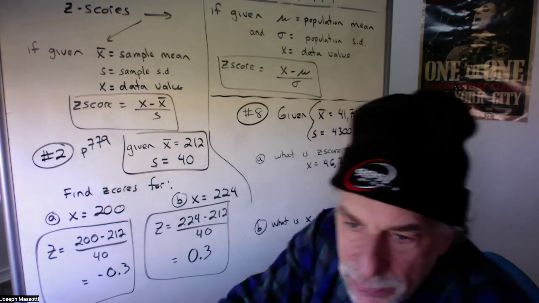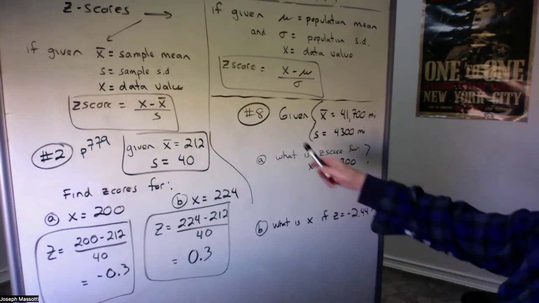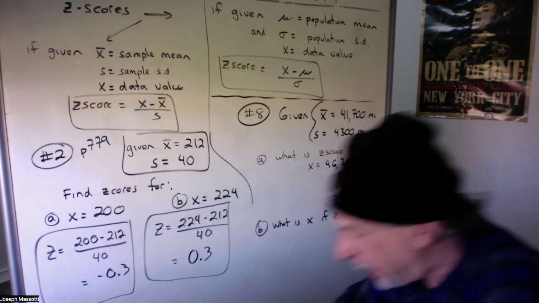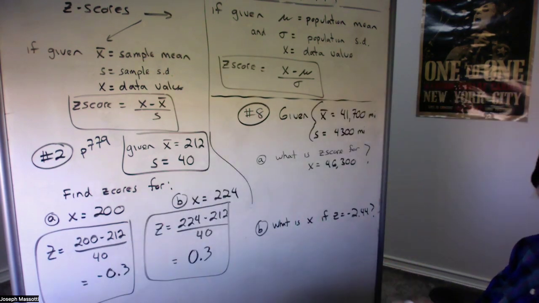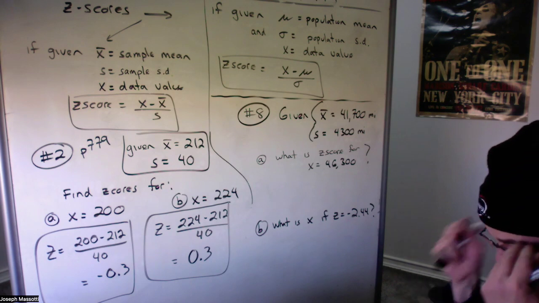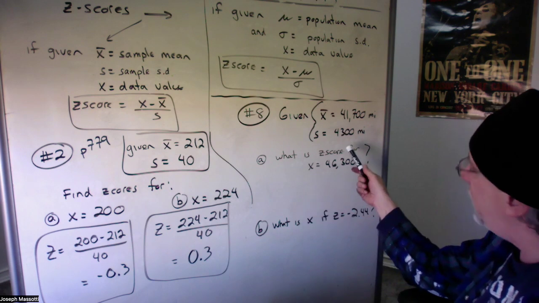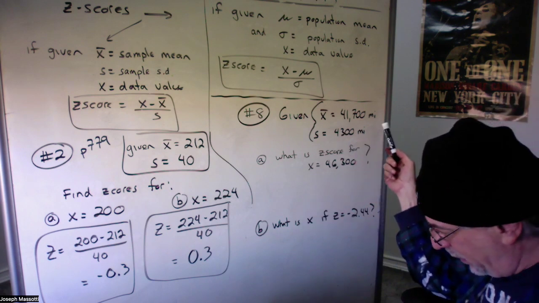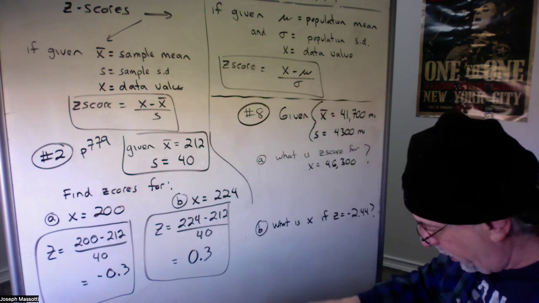Now these might be put into a word problem, right? Such as number 8. Let's read it. Number 8 says we're dealing with a random sample of 80 tires, doesn't matter how many, and n doesn't come into our calculations for z-scores.